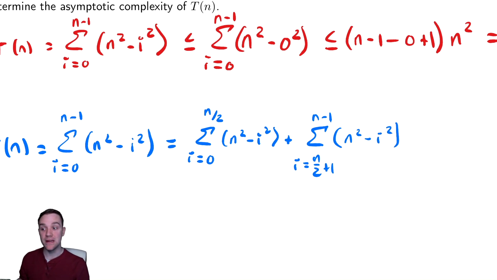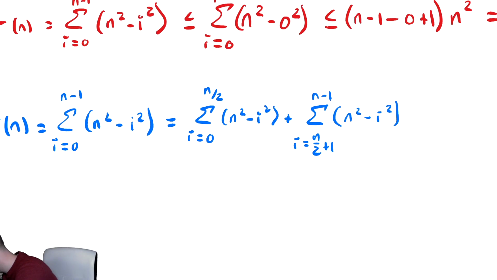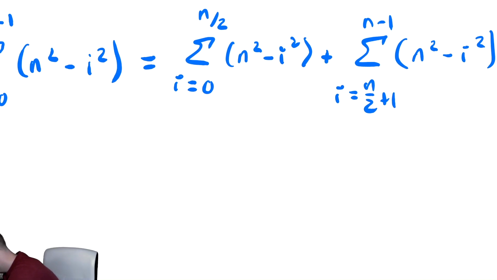And now we need to bound this below. Remember, the technique we used before was to plug in the bottom bound of the summation because it was an increasing function of I. Plugging in a value of I that is smaller than everything in the range made it small. However, this is a decreasing function. So, in order to make these things smaller, we'd have to plug in large values of I. Let's see what I mean by that by writing out the terms of one of these summations.